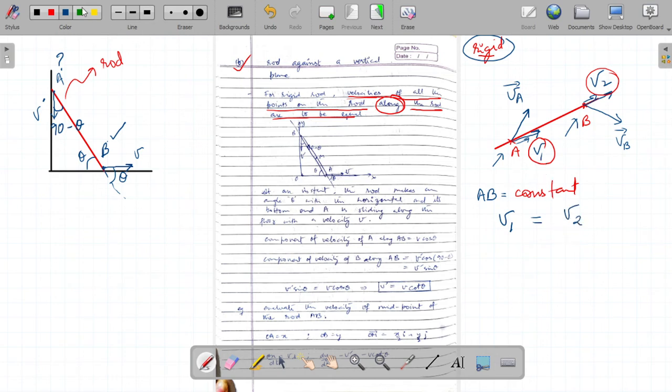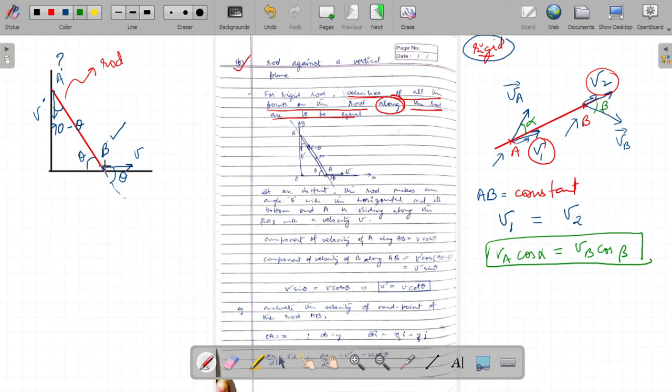Can we find these velocities in terms of V_A and V_B? Let's say this angle is alpha and this angle is beta. The component of V_A along the rod would be V_A cos alpha at this instant, and this should be equal to the component of velocity B along the rod, that is V_B cos beta. Let us apply this equation in the question which we have.